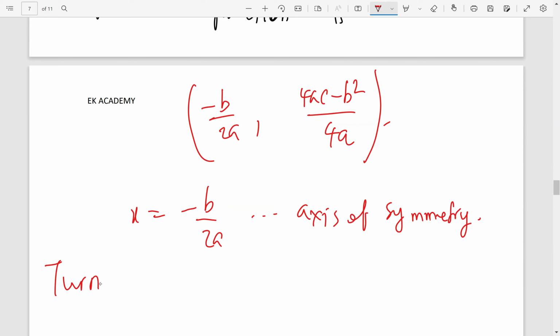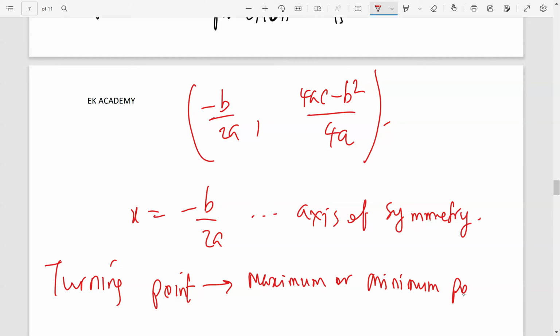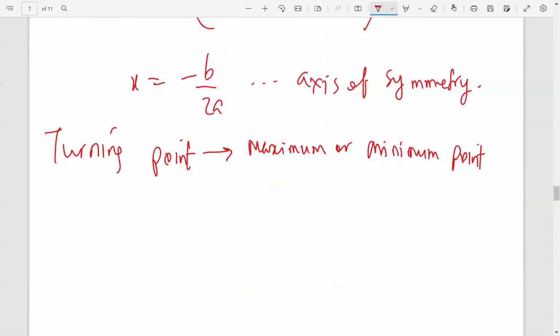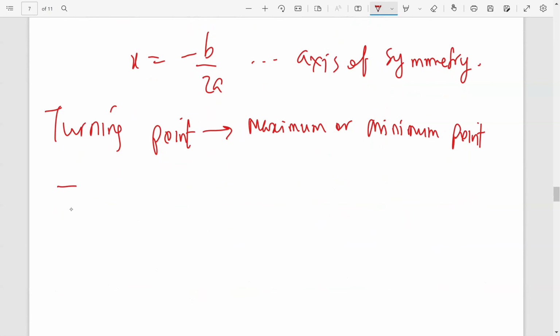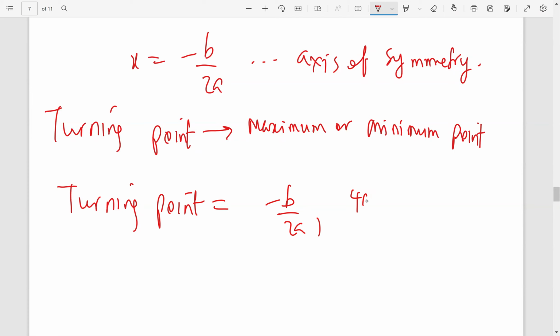So you can be asked to find the turning point, and the turning point, dear students, will again be negative b over 2a comma 4ac minus b squared over 4a.